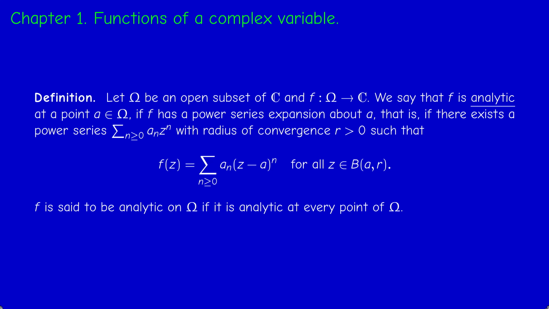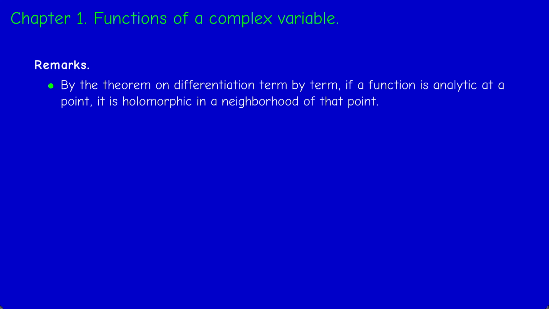We say that f is analytic on omega, on the domain, if it is analytic at every point of the domain. So we now have two concepts for a function of a complex variable: holomorphic and analytic. What is the relation between an analytic function and a holomorphic function?